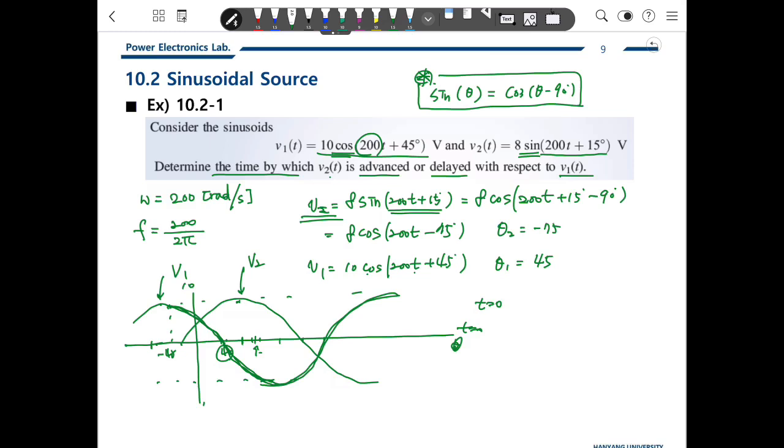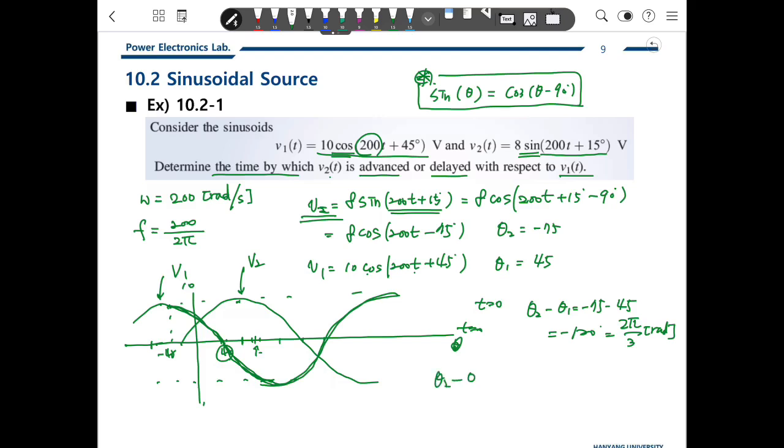So what is the value over here? Theta 2 minus theta 1 is minus 75 degrees minus 45. So there will be minus 120 degrees. So we can change this, that is, 2 pi over 3 radian.